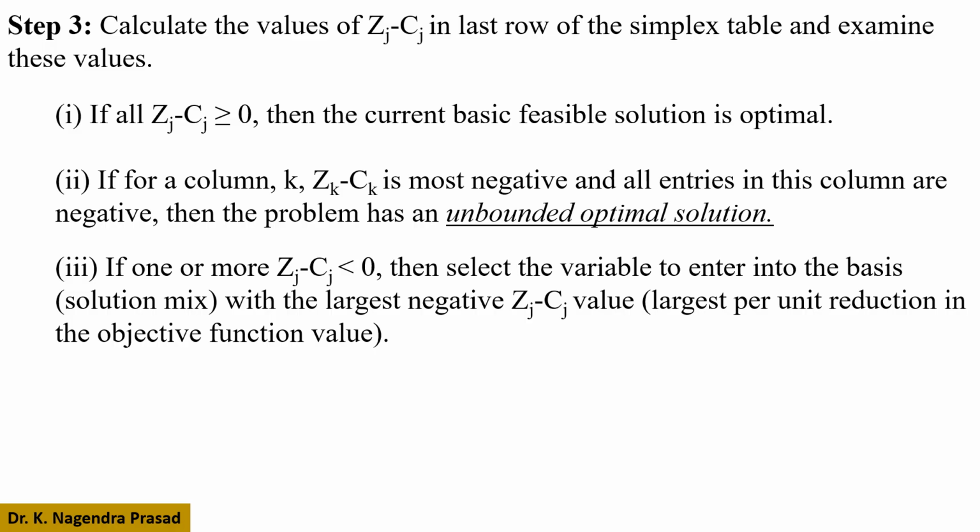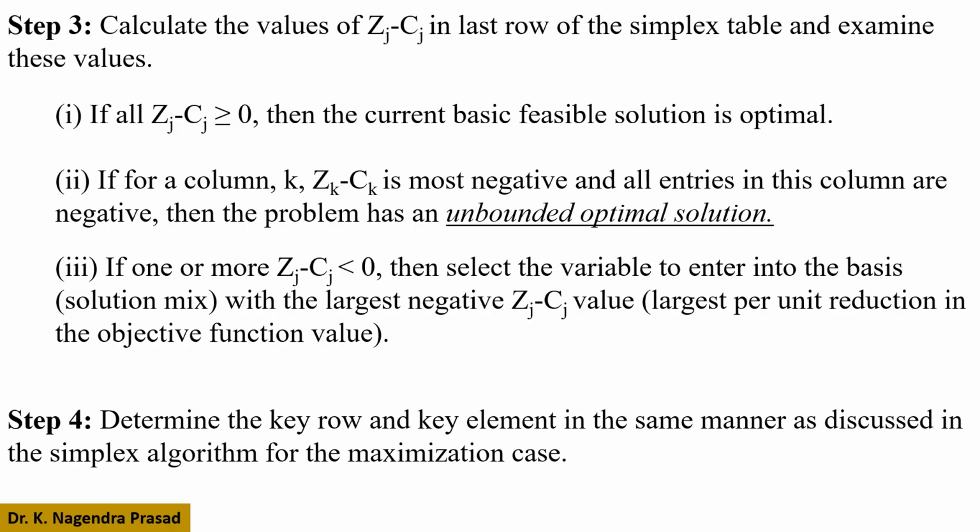Third case, if one or more zj minus cj is negative, less than 0, then you have to select the variable to enter into the basis with the largest negative zj minus cj value. Step 4 is to determine the key row and key element in the same manner as discussed in the simplex algorithm for the maximization case.